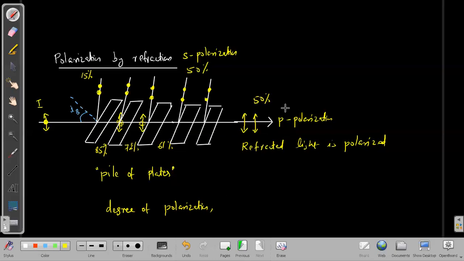Suppose initially the total intensity is I, and the total intensity I will contain equal amounts of P polarization and S polarization. So here 15 percentage of the S polarized light is already reflected. So only 35 percentage of the S polarization would remain after that, and 50 percentage of P polarization would remain.